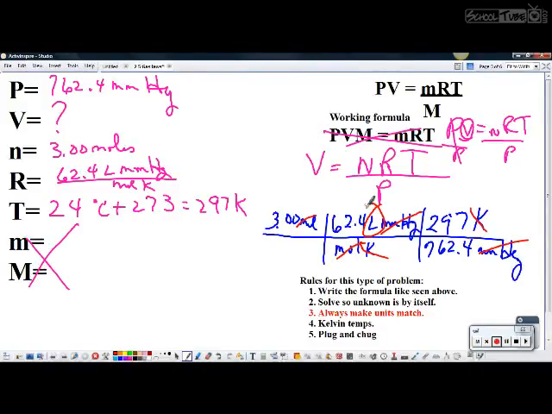Now, suppose that I read this and it said collected over water. Got that water word in it. So that would mean that I have to subtract the water vapor pressure from the pressure that was given. Because all of these are the one conditions. You have P1, V1, and T1. That's what those are.